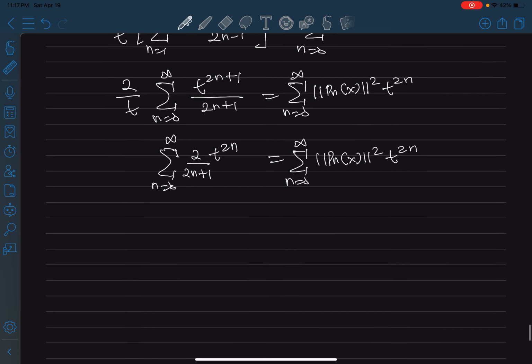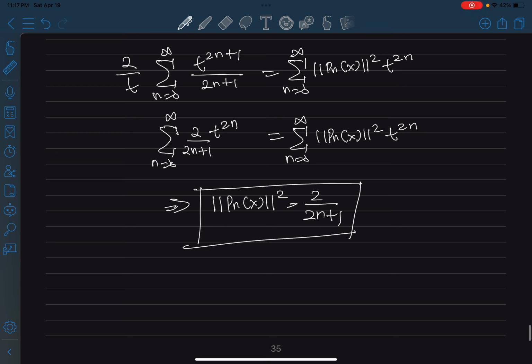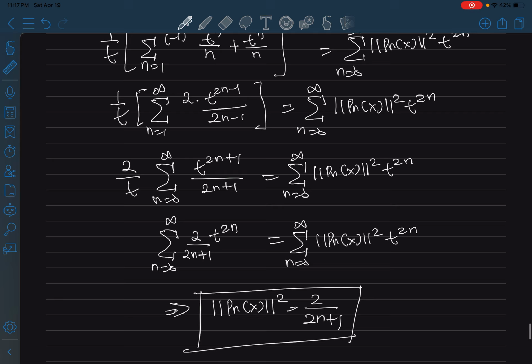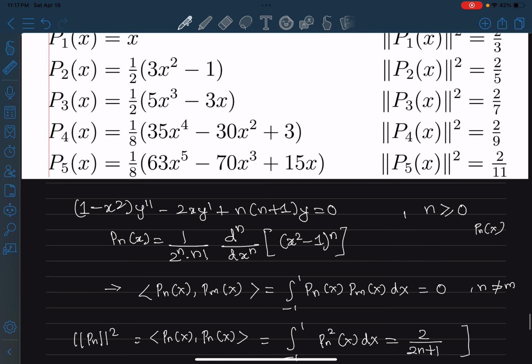Now if you just compare term by term, we can see that this implies the norm of P_n(x) squared is equal to 2 by 2n plus 1. And that actually proves the fact that the norm of all the Legendre polynomials is 2 divided by 2n plus 1. And that was indeed an elegant proof, right?